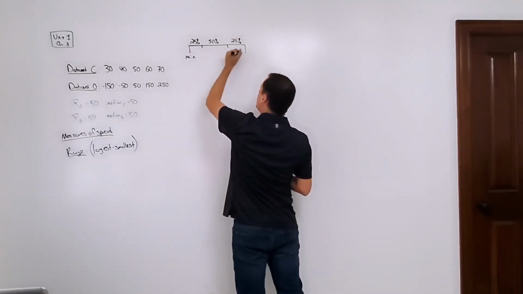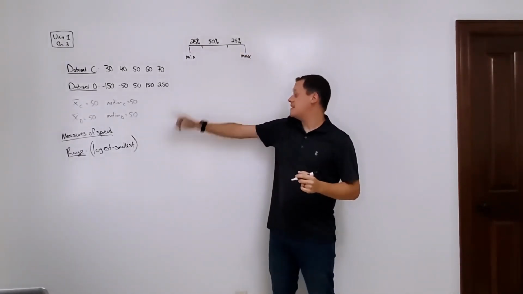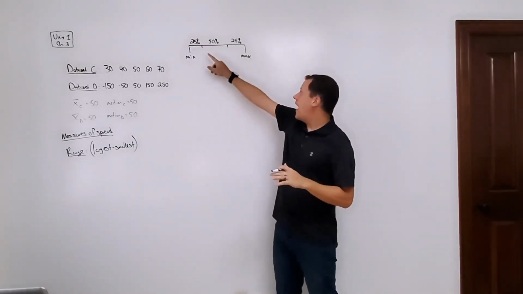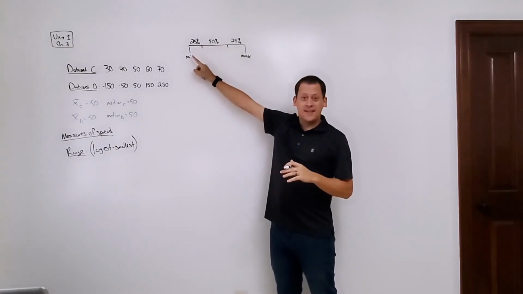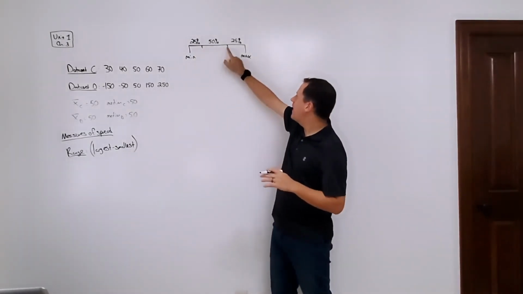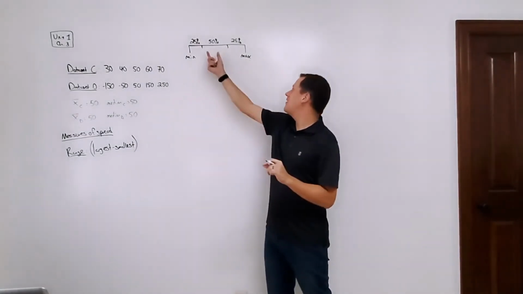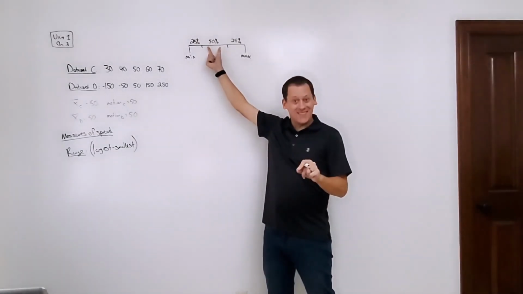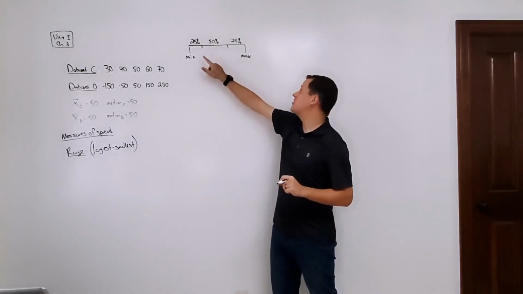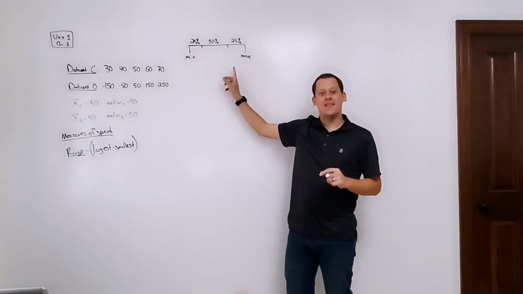If this is the minimum value, and this is the maximum value, if we just took the difference between these, we'd have the range. And we said that's not a very good measure of spread. What I want to do is separate the data set into these percentages. And I want to know what values go here and here that would allow me to see how spread out the middle 50% of the data set is. Not the whole thing, but the middle 50%. So what two values am I going to use here to separate the data set in this way?